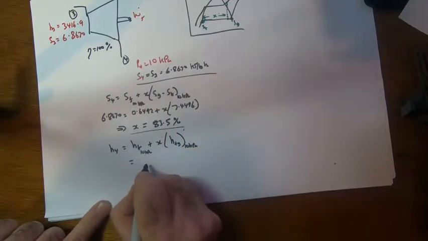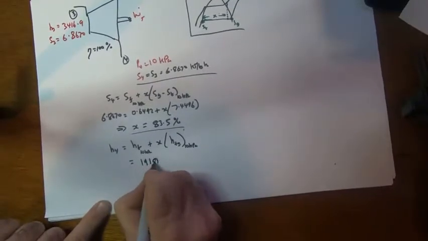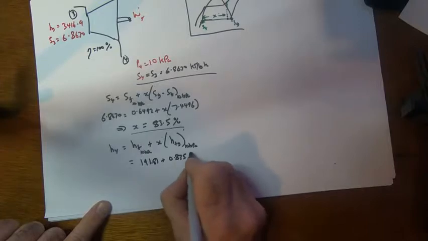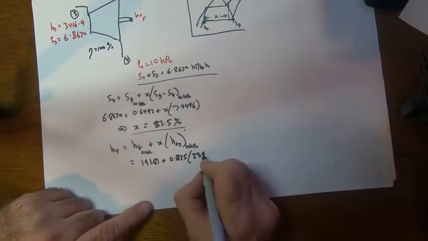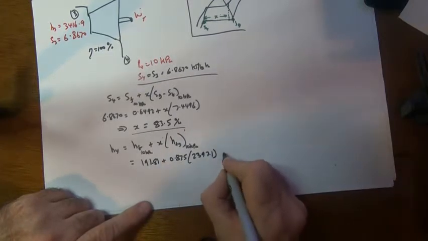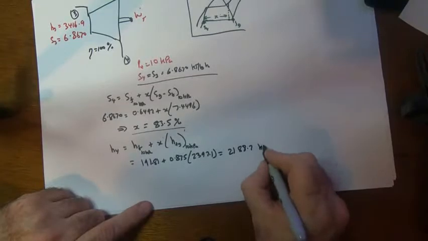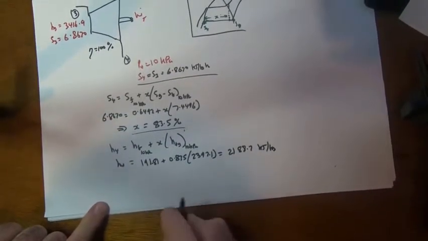And so in this case, it becomes the 191.81, plus the 0.835 times the difference, which we get from the tables directly, 2392.1, gives us a value of 2188.2 kilojoules per kilogram. So we have H4.